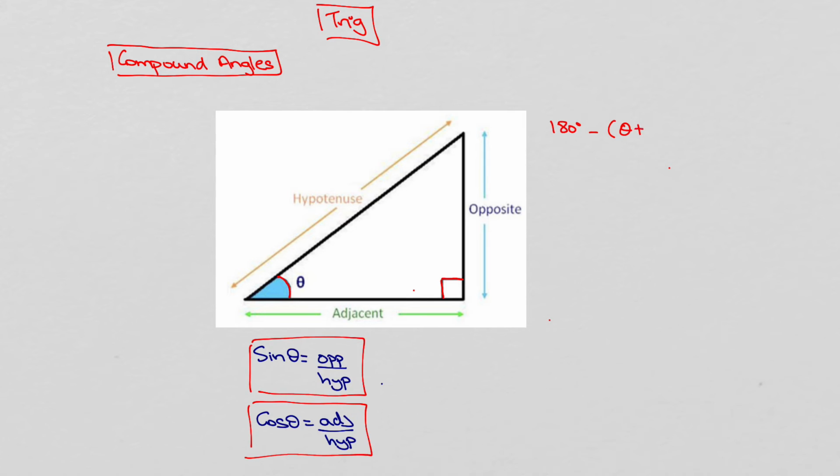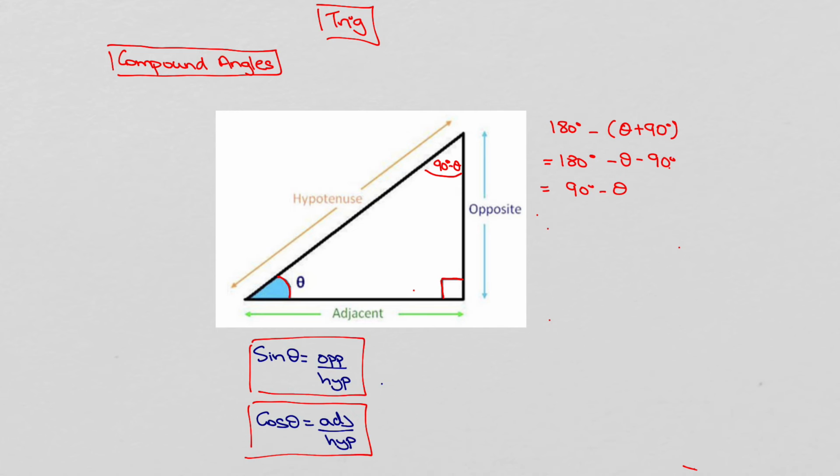Then we have 180 minus theta plus 90, which gives us 180 minus theta minus 90, which is equal to 90 minus theta. So that remaining angle up here is 90 degrees minus theta.